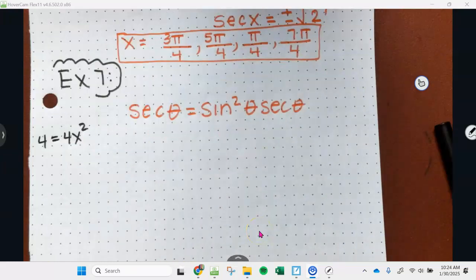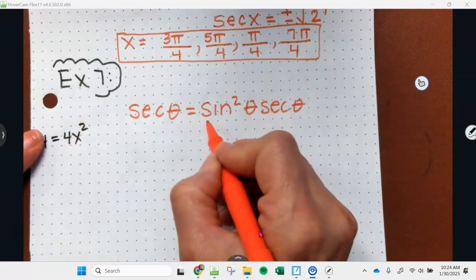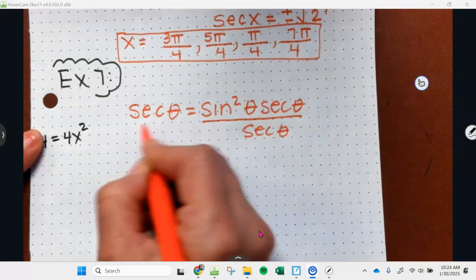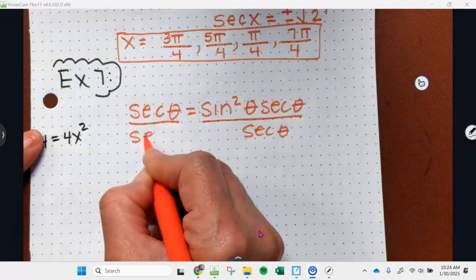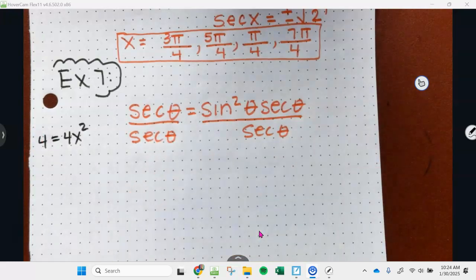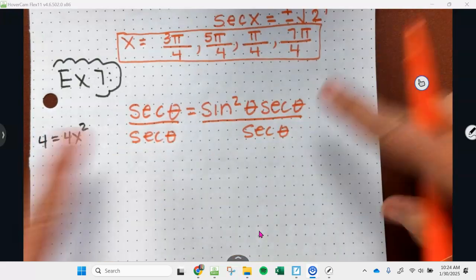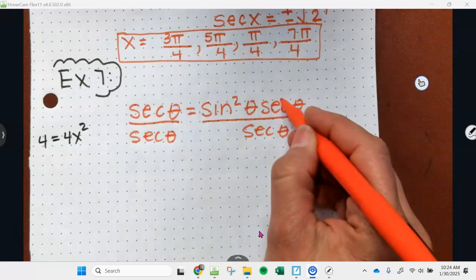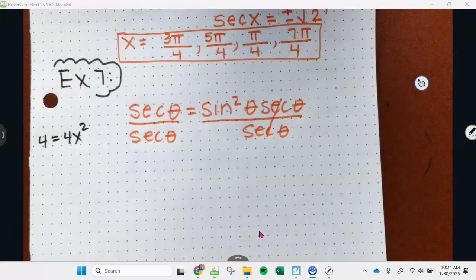It looks really loaded and really heavy. Just remember, sometimes this stuff, we've got this because we understand how to just solve for a variable, guys. It is the same thing. I can divide by the same thing. These secants cancel out to a 1.